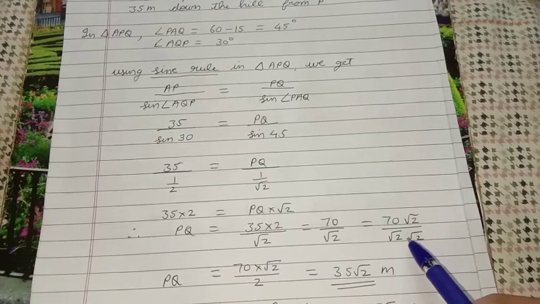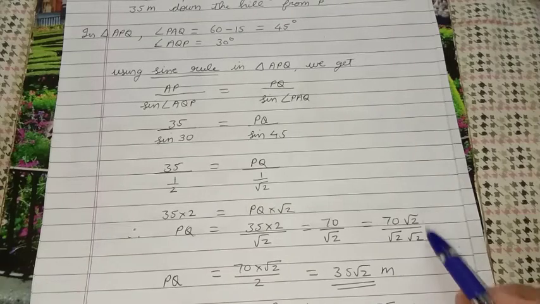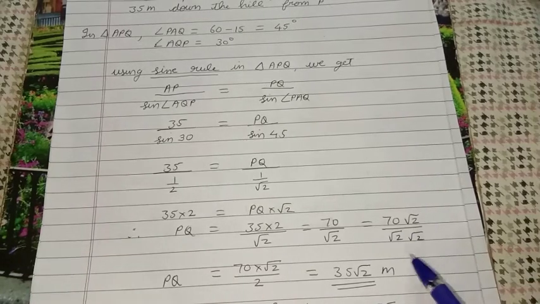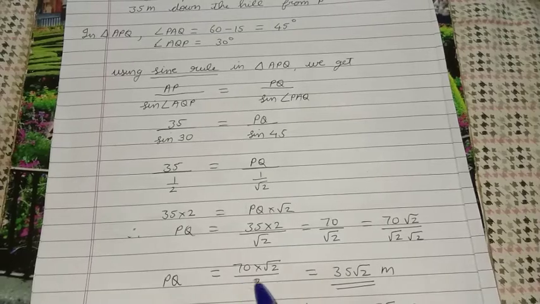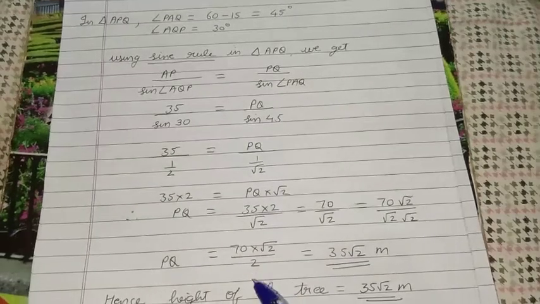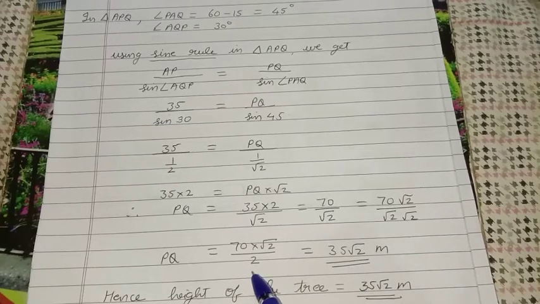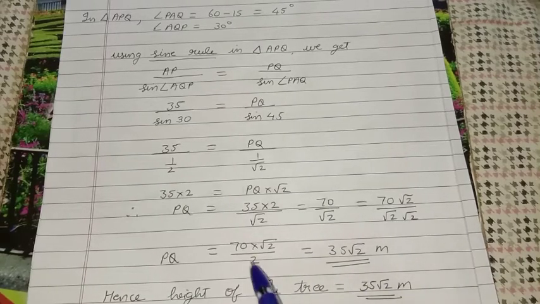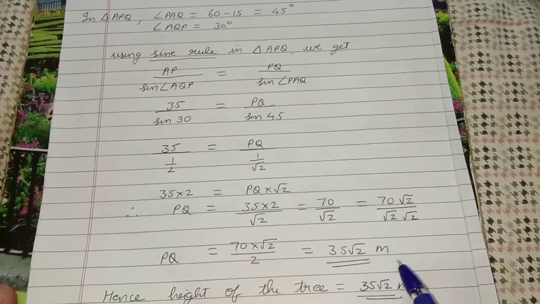I have done some adjustment over here. Multiply and divide the ratio by root 2. So 70 into root 2 upon root 2 into root 2. So that comes out to 70 into root 2 divided by 2, because root 2 into root 2 is 2. So the answer comes out to, now 70 by 2 is 35. So it is equal to 35 root 2 meters.